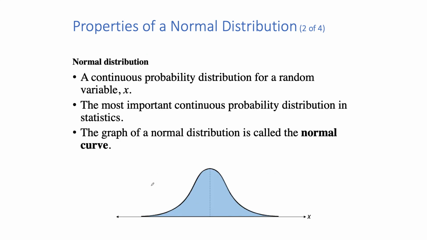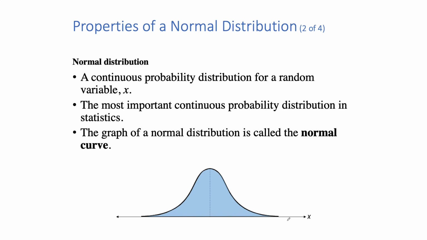Given that those are the preliminaries, let's talk about one of the more popular kinds of continuous probability distributions, what we call the normal distribution. First of all, a normal distribution is a continuous distribution. That is to say, between any 2 points, there's an infinite number of values.